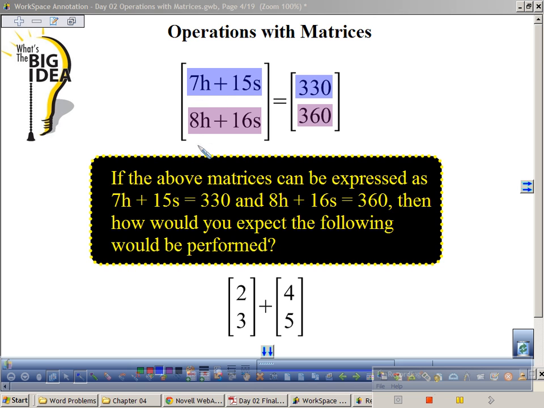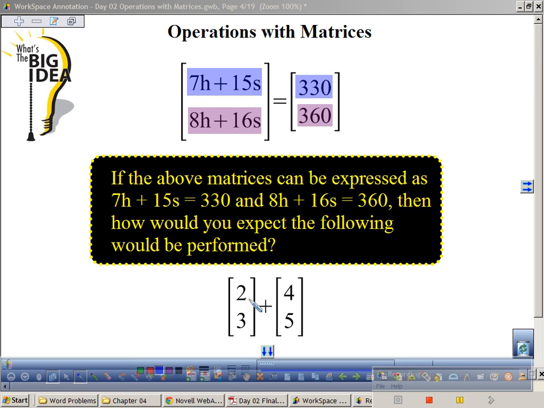Evan, does that make sense? No. Okay. I'm gonna lose you for a second, and then I'm gonna bring you back. Hopefully it'll make sense in just a second. All right. So if the above matrices can be expressed as 7H plus 15S equals 330, and 8H plus 16S equals 360, then how would you expect the following to be performed?